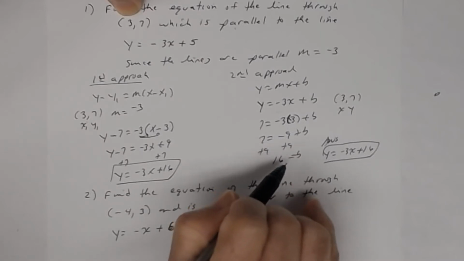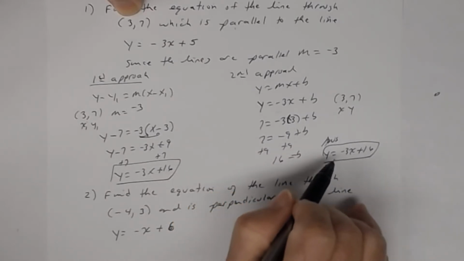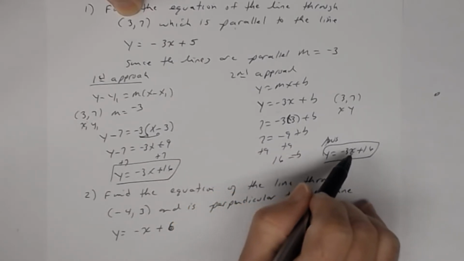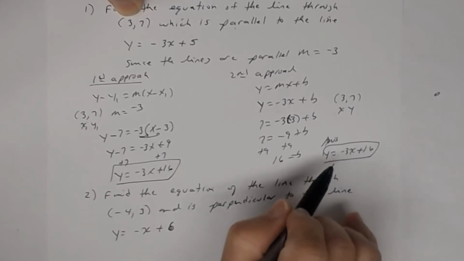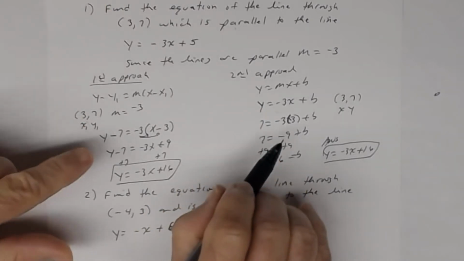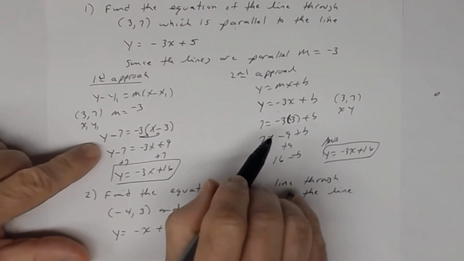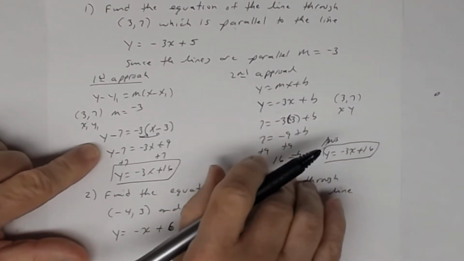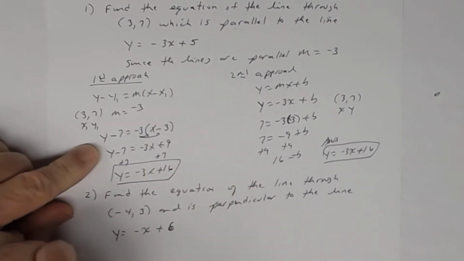Once you find b, then you have your answer: y equals the slope times x plus the y-intercept, which we just found to be 16. Okay? So it does not matter which approach you use. Some textbooks will focus on one, some will focus on the other. Okay? All right.